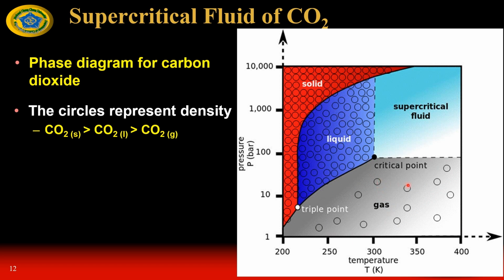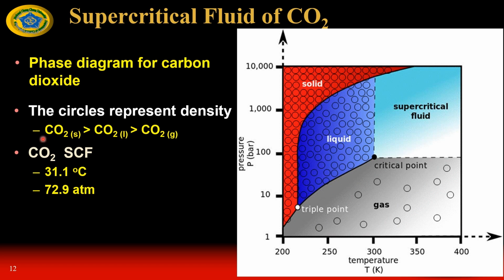As you can see, the distance between these circles is very far in the gas phase, and the circles being close together represents molecules or atoms being very close. So the density of carbon dioxide in the solid phase is greater than in the liquid phase, and then greater than in the gas phase.